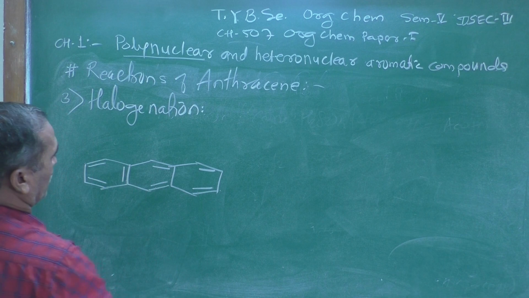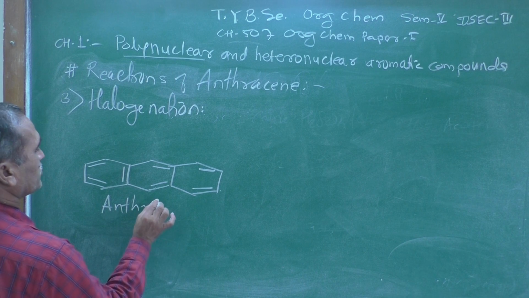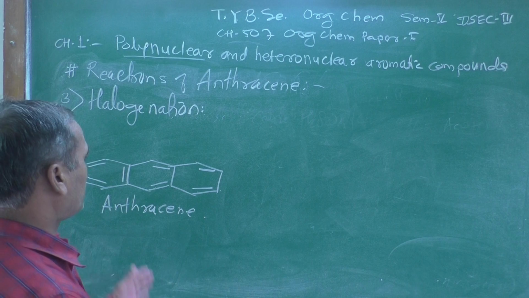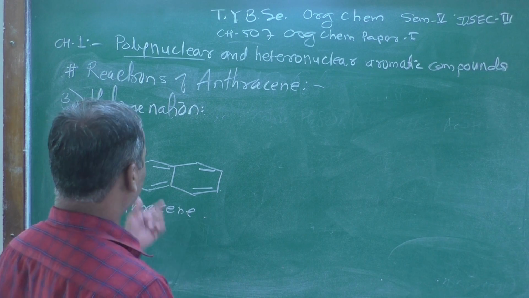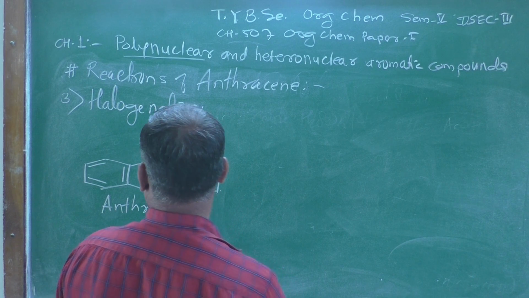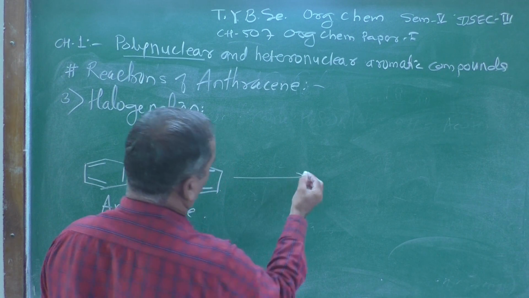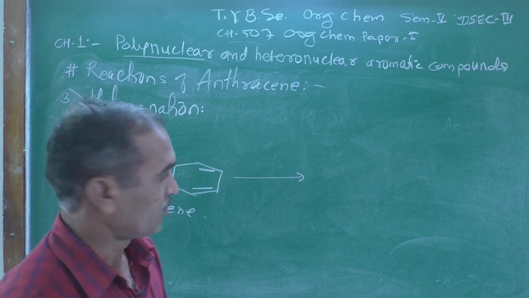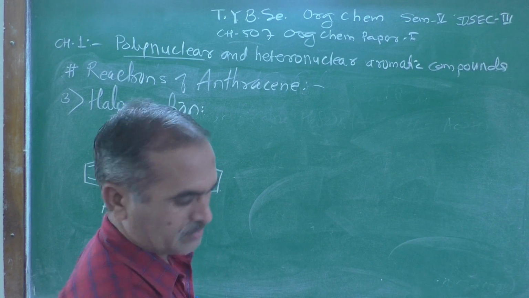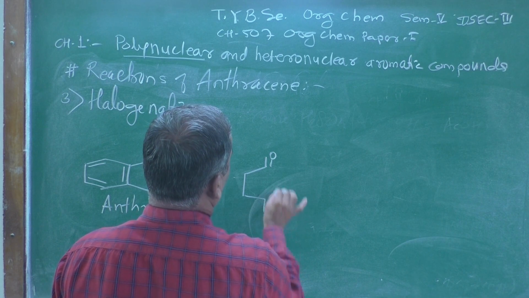Anthracene is nothing but three benzene rings fused together by sharing 2 carbon atoms with both the rings. This is the compound which I have drawn here.